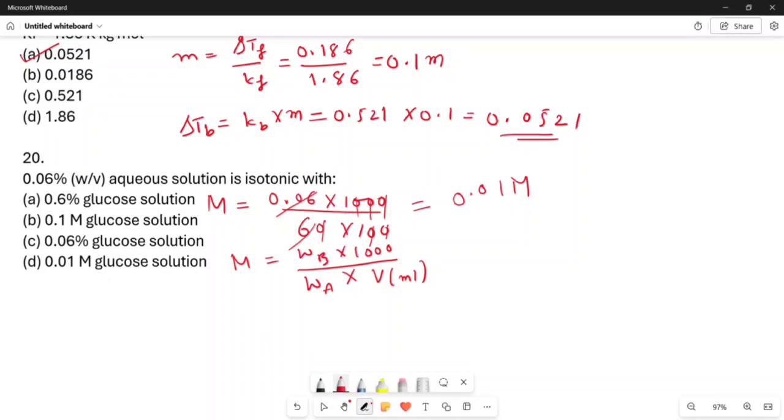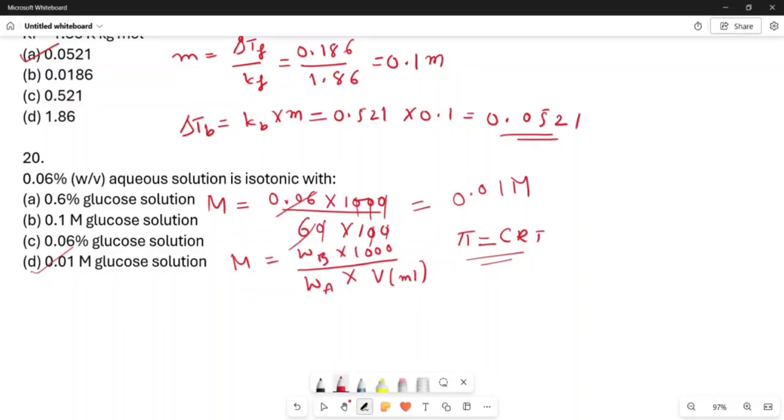We know that osmotic pressure pi is equal to CRT. Therefore, 0.01 molar solution of urea will be isotonic with 0.01 molar glucose solution. So option D is correct.